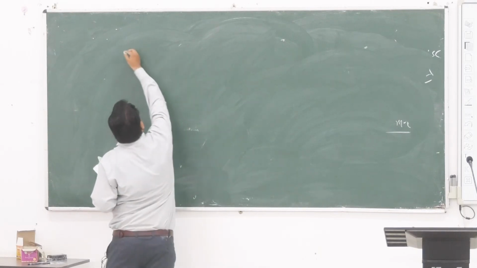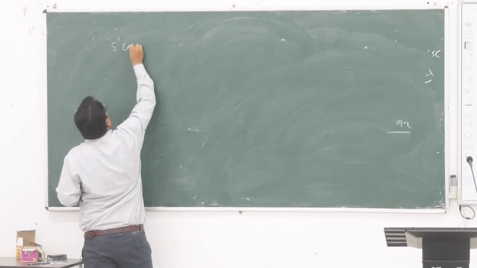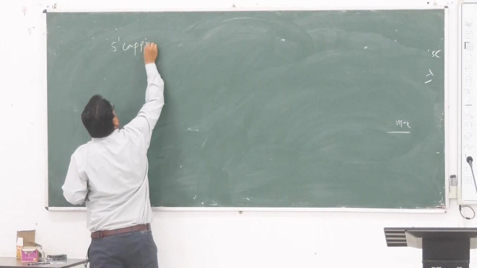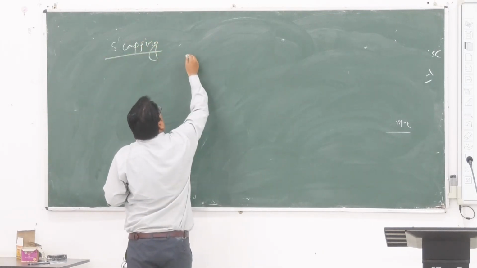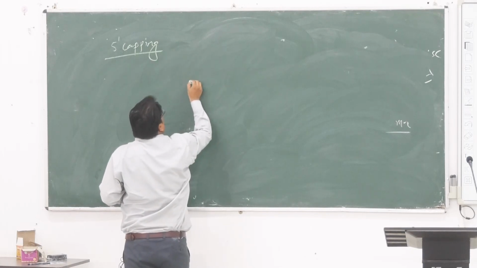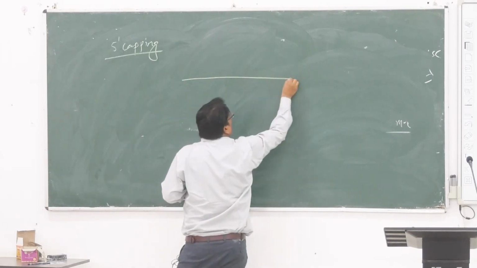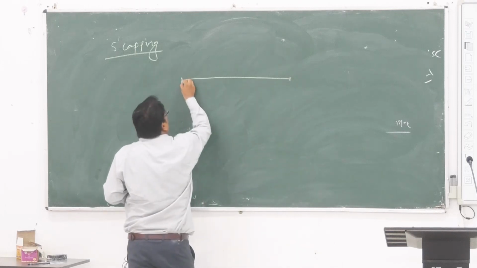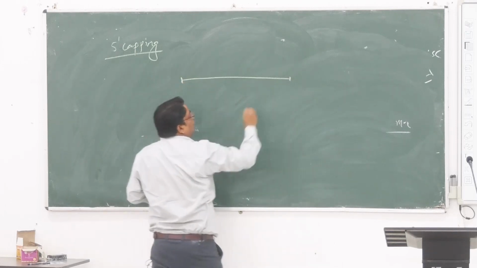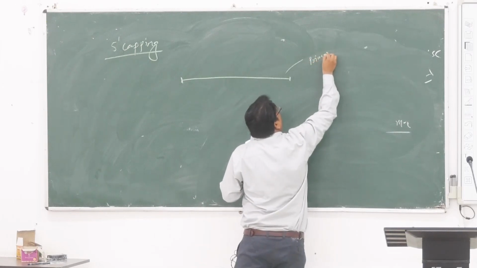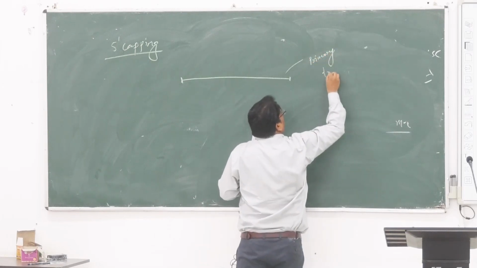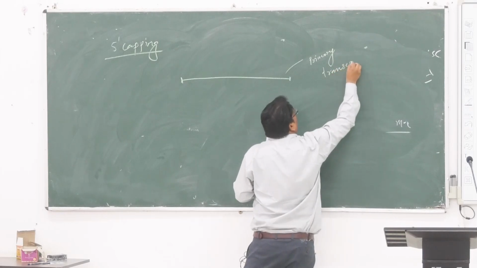Now what is the meaning of 5' capping? We get hnRNA, or we call it the primary transcript. Sometimes the question asks what is primary transcript.